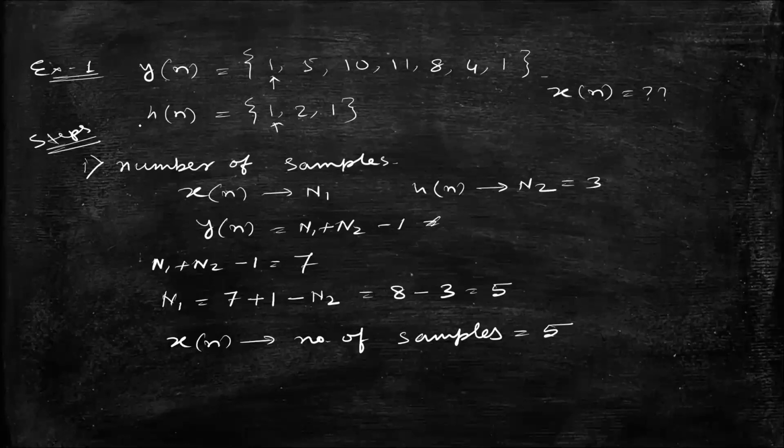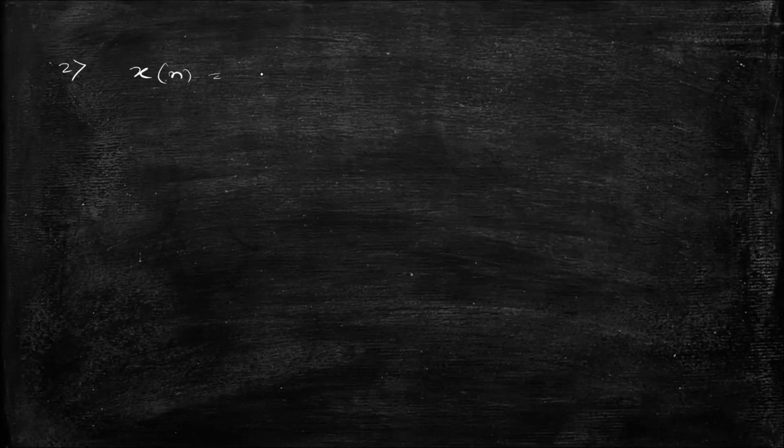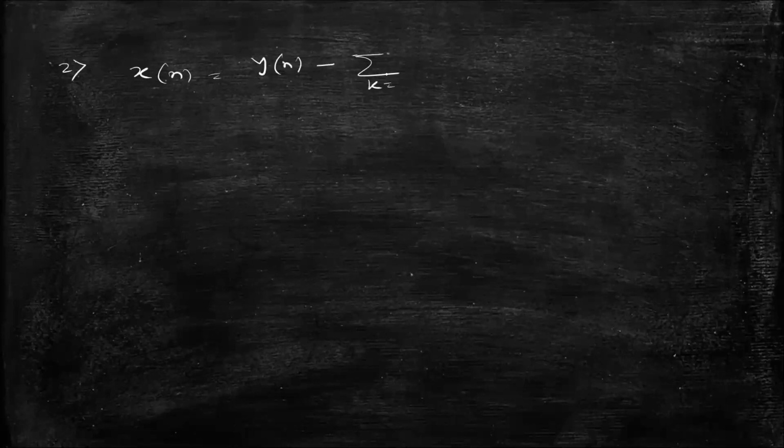Next, simply you have to put the formula. The next step is x of n equal to y of n minus summation k equal to 0 to n minus 1.